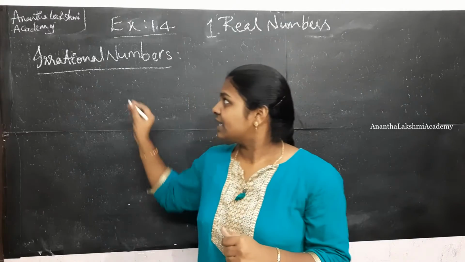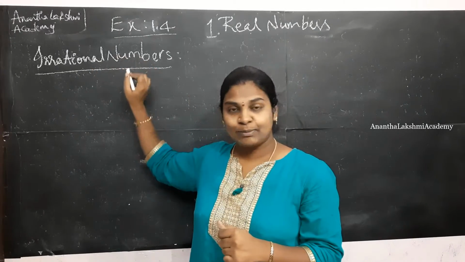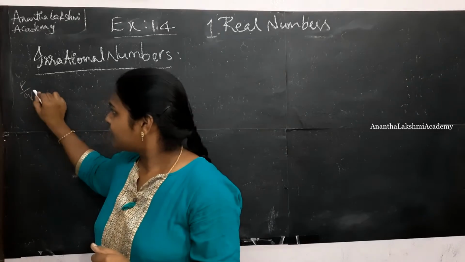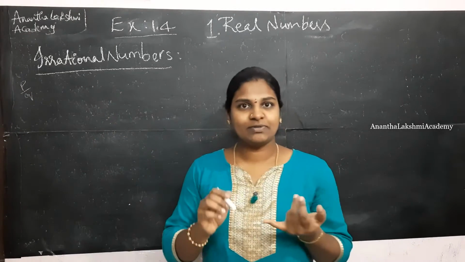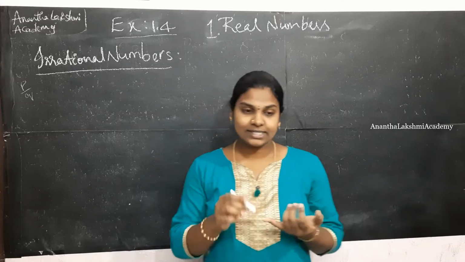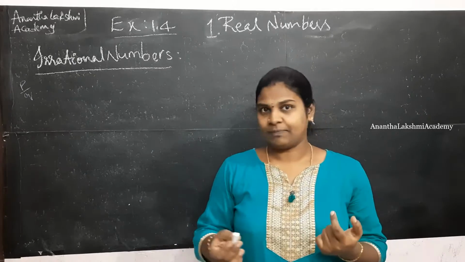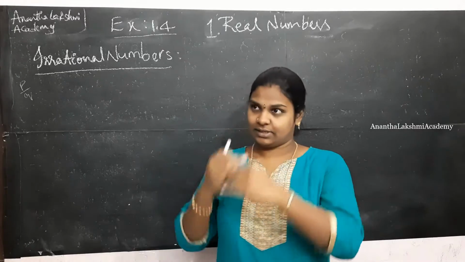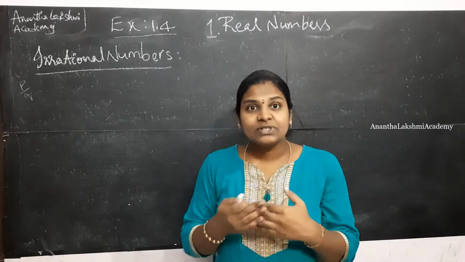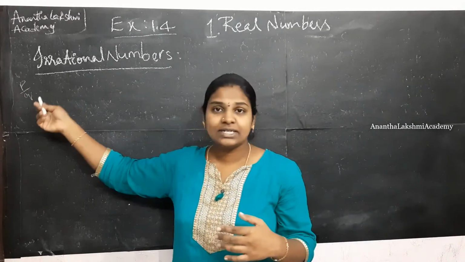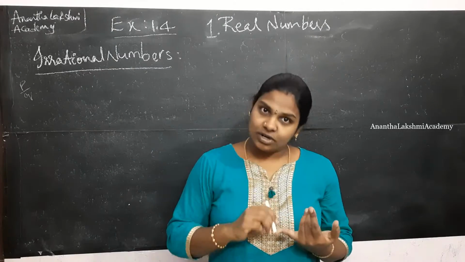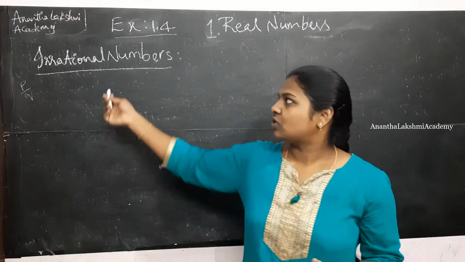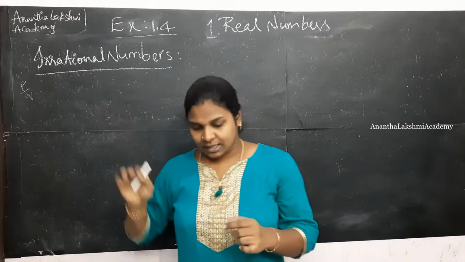We said that rational numbers are in the form of p by q, and they are of two types: one is terminating and the other is non-terminating and repeating. When it comes to irrational numbers, the decimal expansion is non-repeating and non-terminating. Those are called irrational numbers.